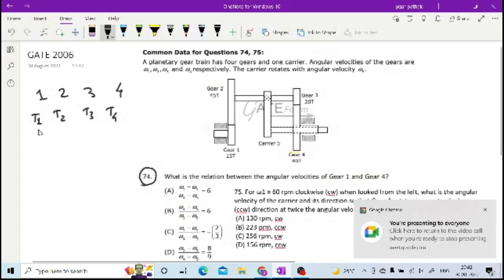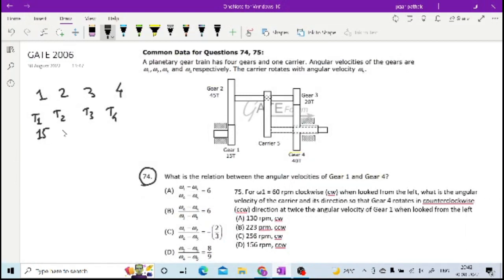So let me now write the number of teeth on 1, 2, then 3 and 4. So these are the number of teeth. If you provide plus x to 1, then to the second one it will be minus x into driver upon driven, that is 1 by 3. I am directly writing 15 by 45 as 1 by 3. Now again 3 is also rotating at the same, so minus x by 3.